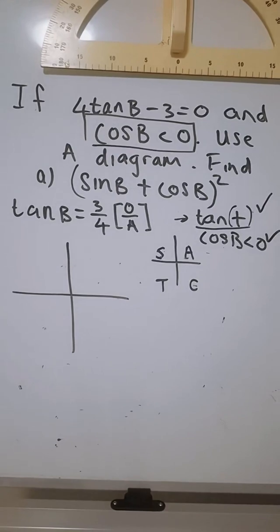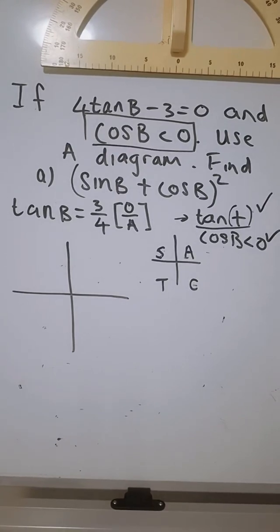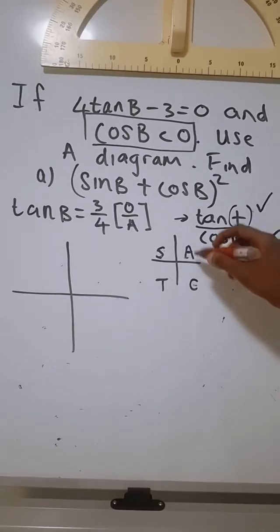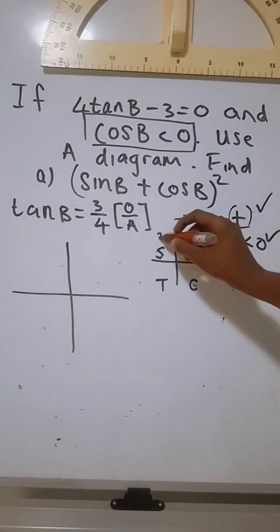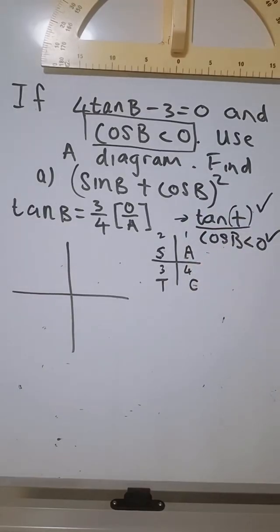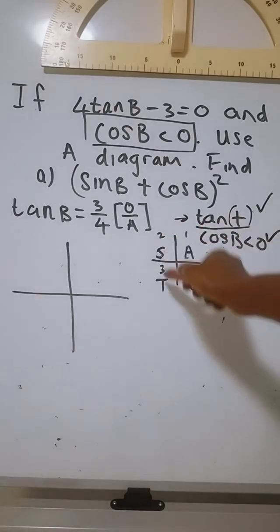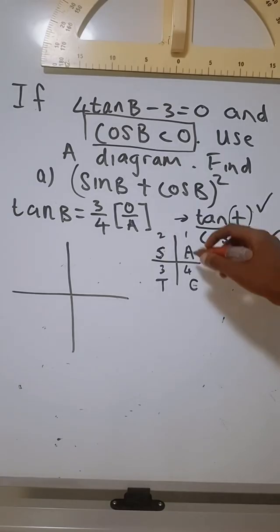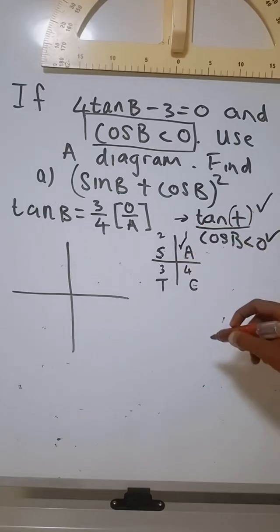Yes, Buddha. First and third. Very good. Just for people's information, this is the first quadrant, second quadrant, third quadrant, fourth quadrant, in an anti-clockwise direction. So tan is positive in the first and third quadrants. We are positive here, and we are positive there.